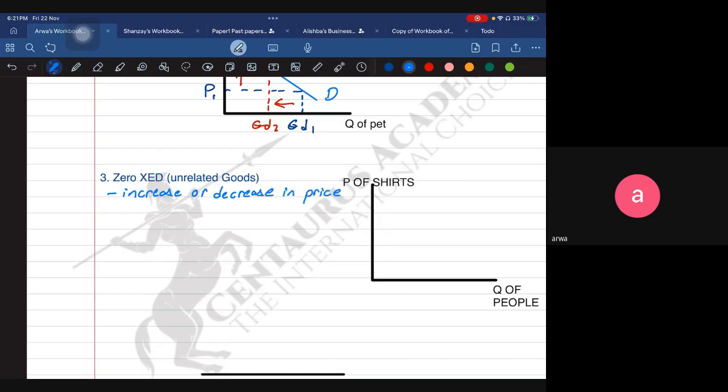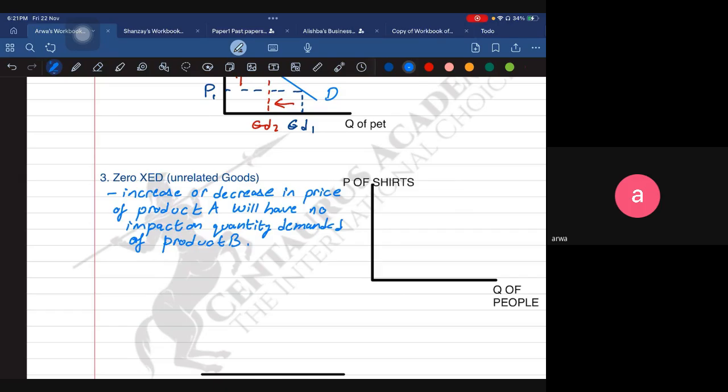Increase or decrease in price of product A will have no impact on quantity demanded of product B.